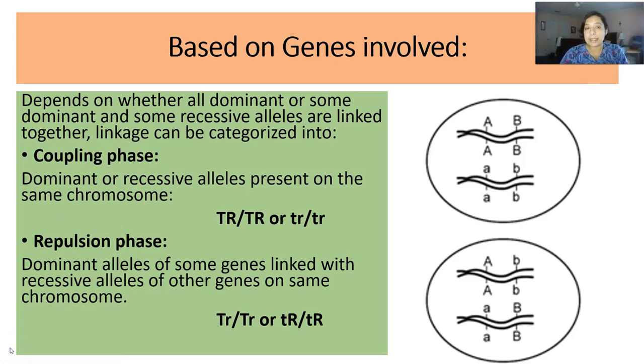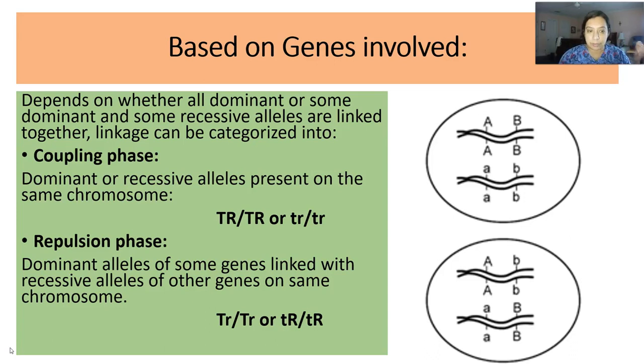In some cases, the dominant alleles or the recessive alleles are linked together, and those are called coupled genes or coupled alleles. You'll only have the dominant ones on the chromosome, or only the recessive alleles on the chromosome for the two genes you're looking at. Those are coupled.